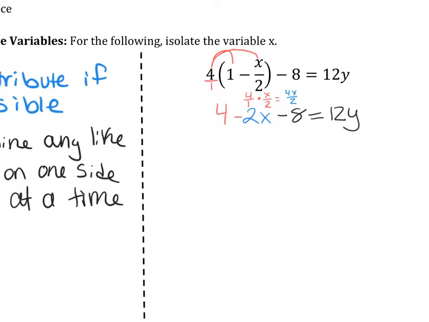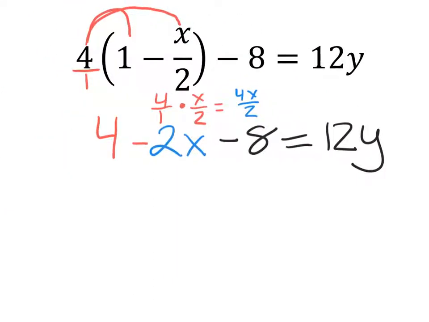Okay, so if we look at our problem here, looking just on the left-hand side, the 4 minus 2x minus 8, are there any like terms that we can combine? Do we have any numbers with no variables attached to them? Yes, we have this 4 and the minus 8. The sign of a term, of a variable, always is whatever is right in front of it.